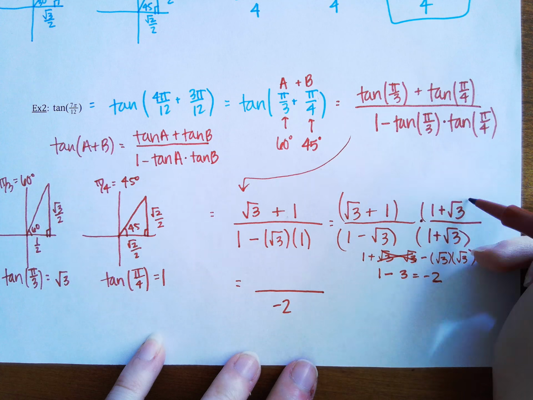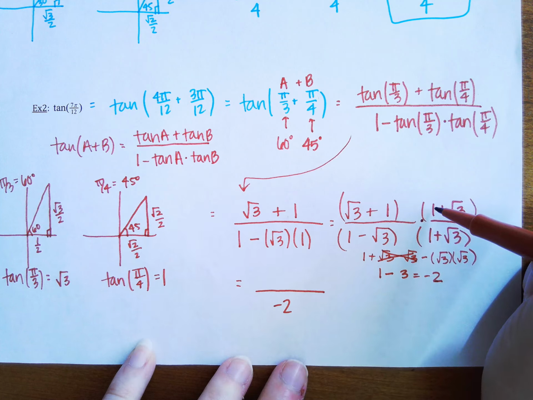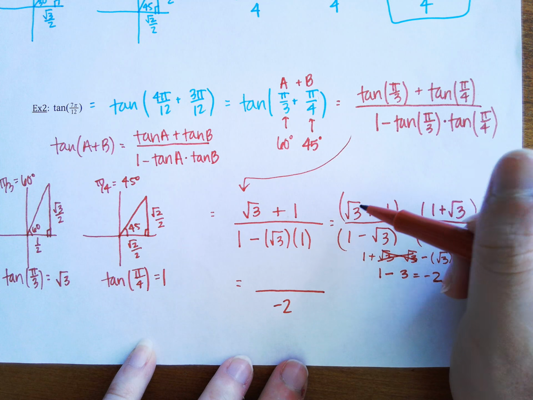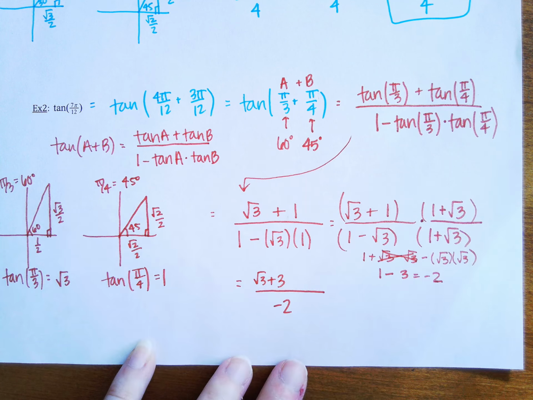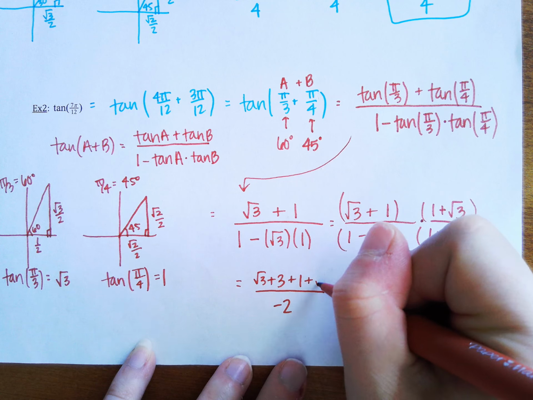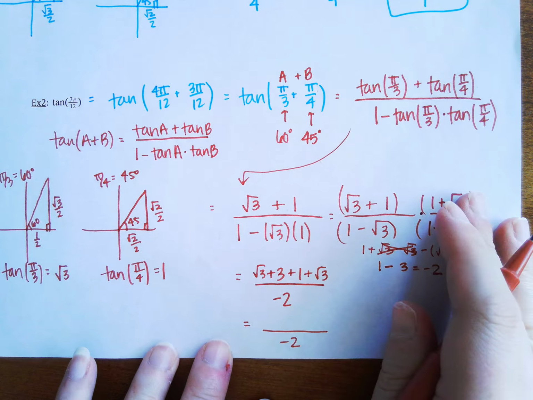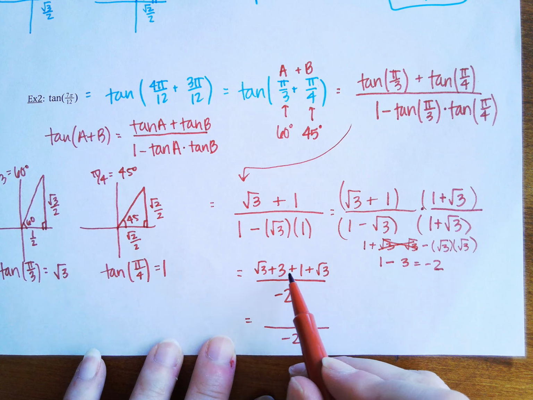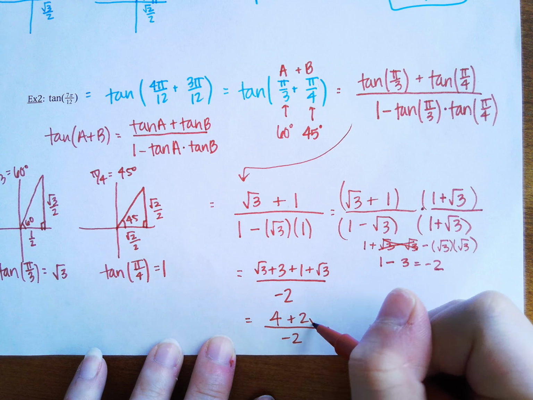We do have to multiply this one out because we don't have things that cancel. So I'll have root 3 plus 3, root 3 times root 3, and then plus 1, and then plus root 3. If I combine some like terms on the top, I have 3 and 1, which is 4, and root 3 and root 3, which is 2 root 3.